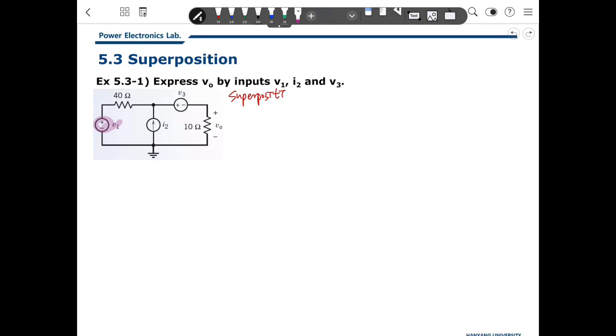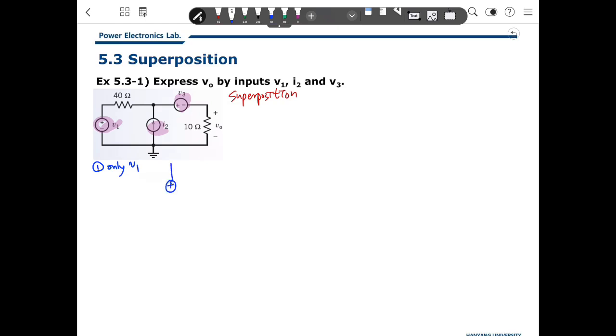When there are three inputs here, V1, I2, and V3, we can make three circuits. First, circuit 1, there is only V1.